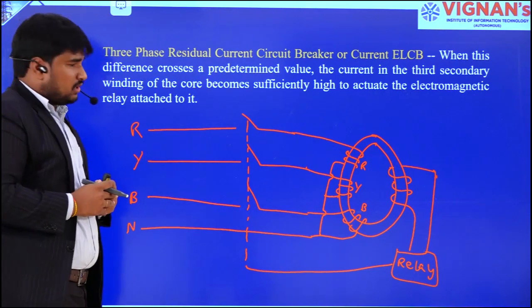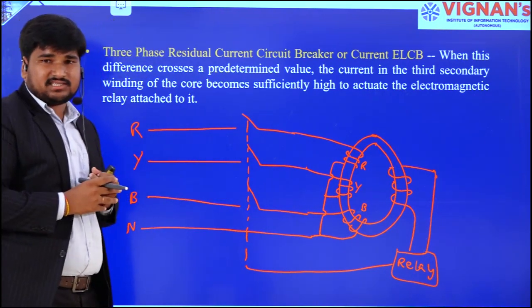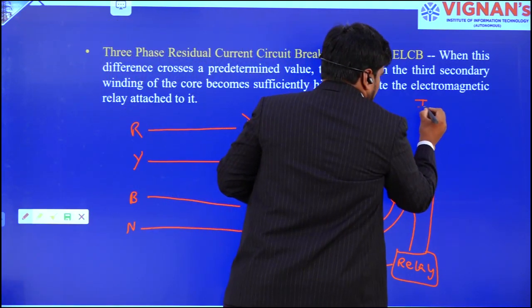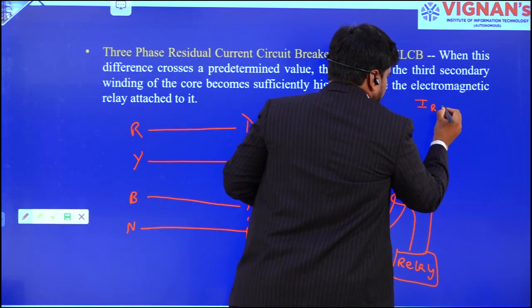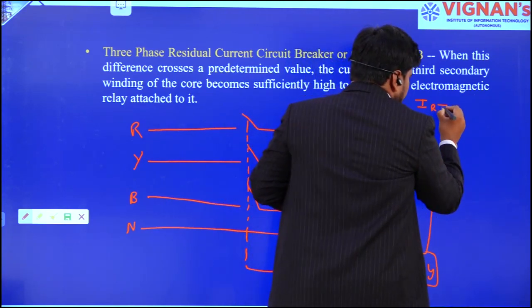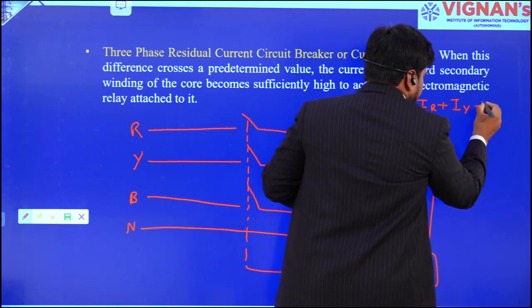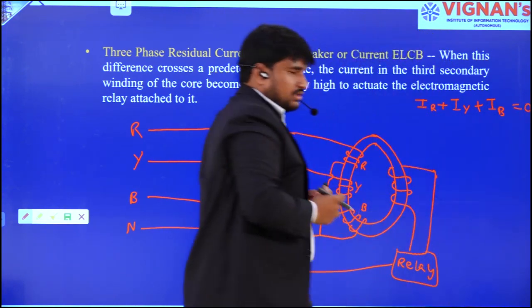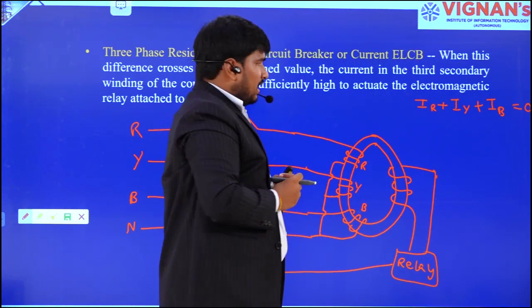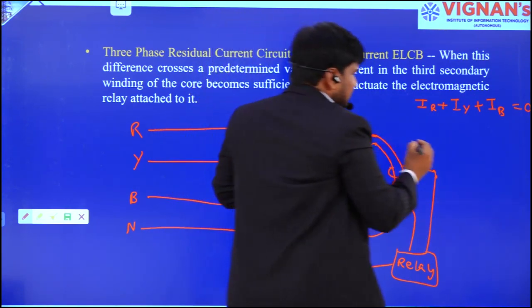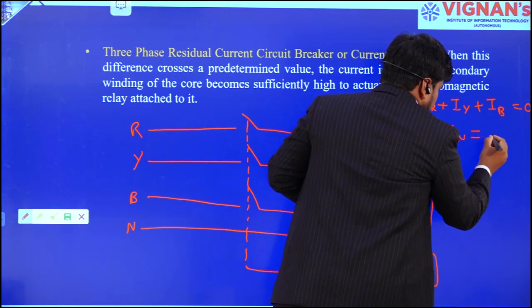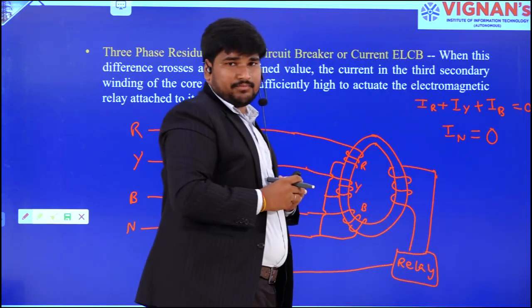This circuit breaker, during normal operating conditions, IR plus IY plus IB is equal to 0, right? During normal operating conditions, and that is with this in neutral the current will be 0.